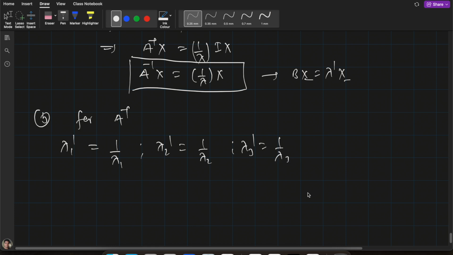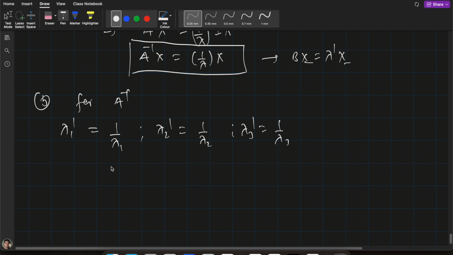So these are the eigenvalues, and the eigenvectors remain the same. So if the eigenvalues of A were lambda, then the eigenvalues of A inverse would be the reciprocal of the eigenvalues. Don't say inverse, say reciprocal. Yes, reciprocal is the more appropriate word.